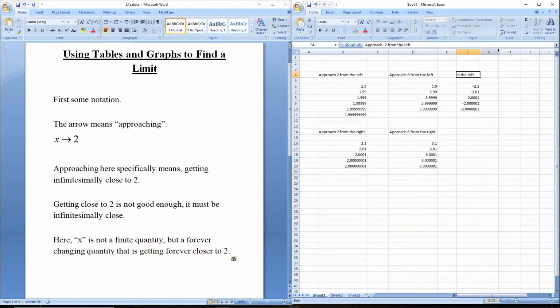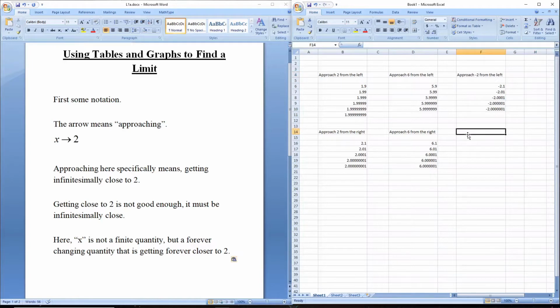And let's do this last one. We did previously. We approached that from the left. And let's approach minus 2 from the right. So what's a number that's to the right of minus 2? Well, that's where we would have a number like minus 1.9.